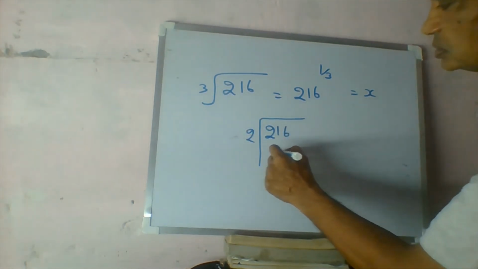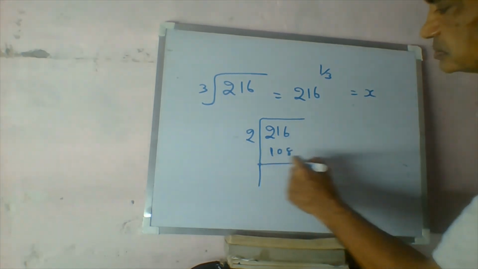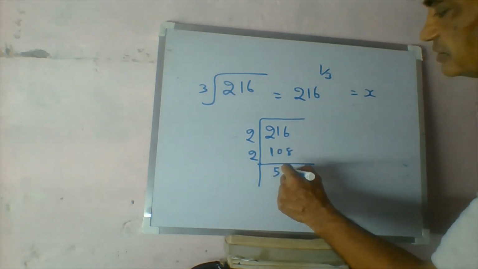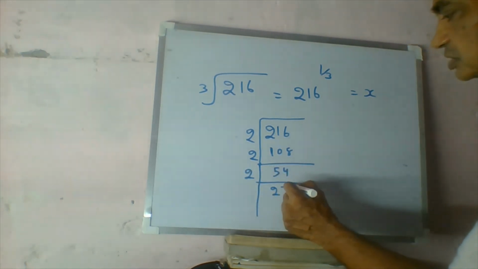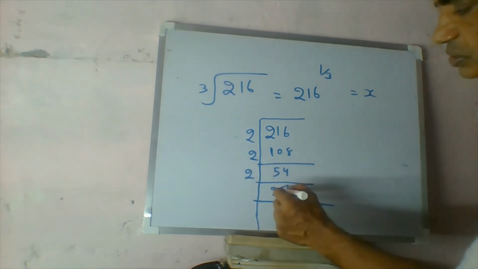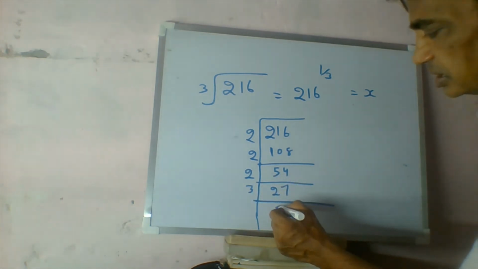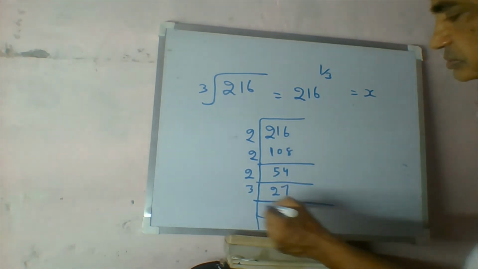2 1s are 2, 2 8s are 16, 2 5s are 10, 2 2s are 4. Now it will go with 3: 3 3s are 9, 3 9s are 27.